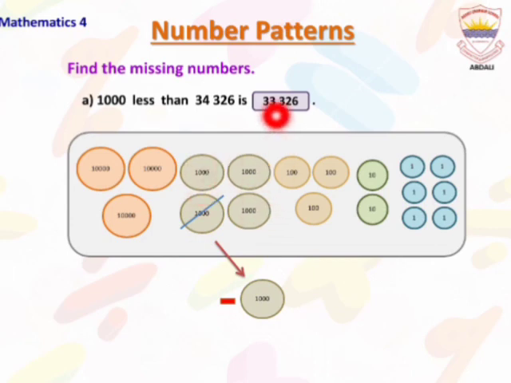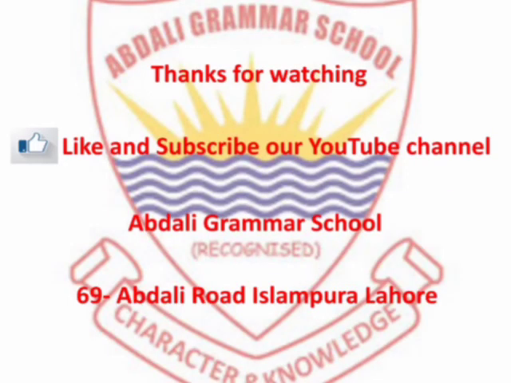Total of 3 number disks of 1000. 1000 less than 34,326 is 33,326. Thanks for watching.